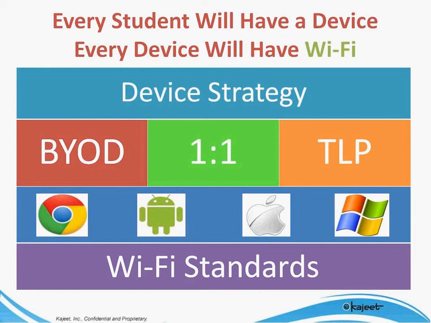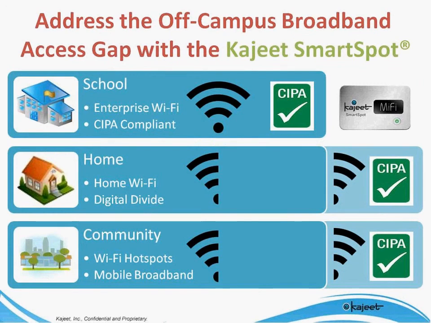And no matter what the device form factor, phone, tablet, laptop, no matter the operating system, there is one common standard that has emerged across all of these devices, and that is access via Wi-Fi. Wi-Fi is the connectivity standard of today. So take advantage of that common standard to really provide access to education broadband for all students.